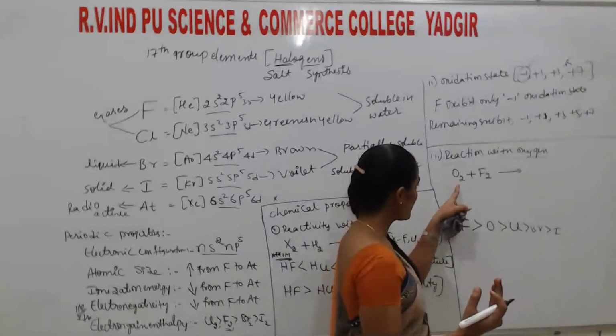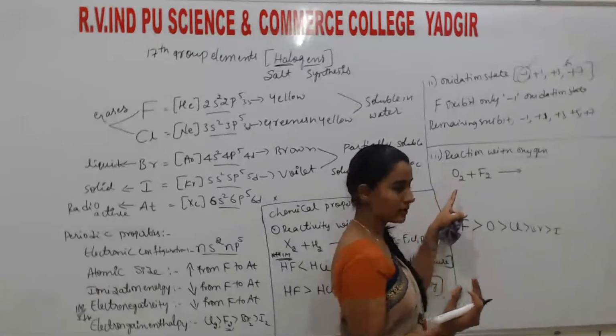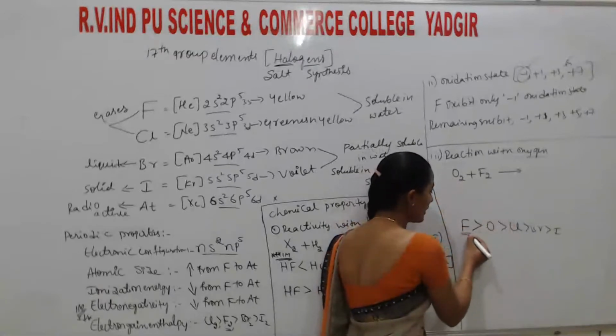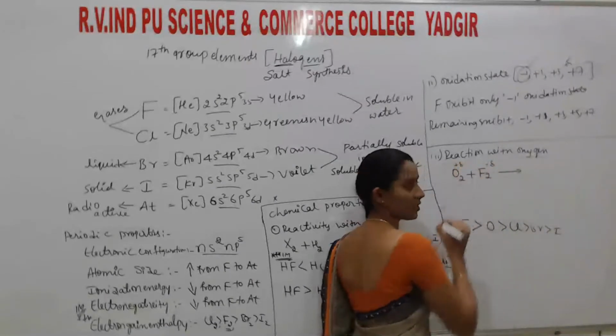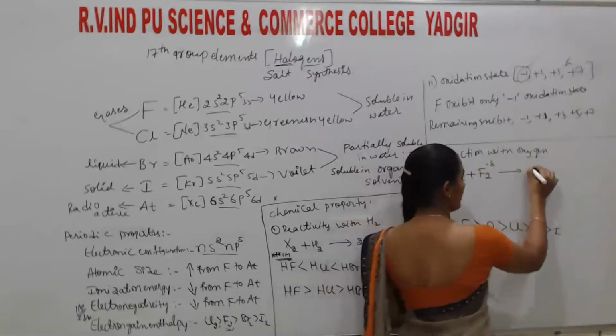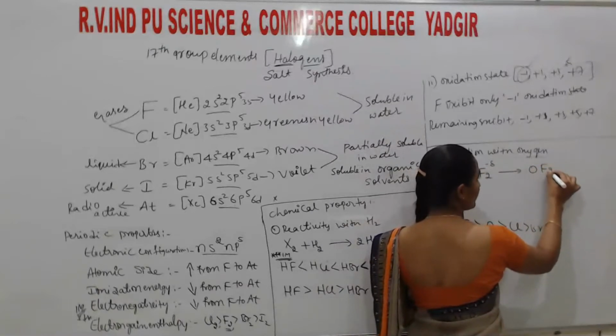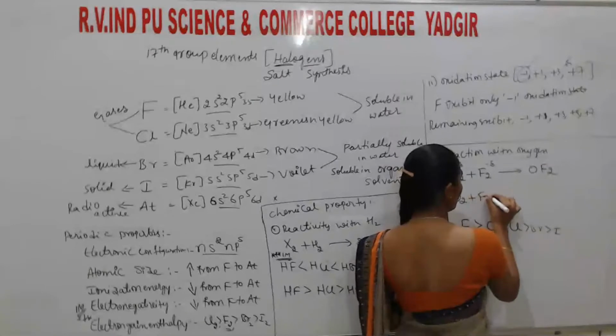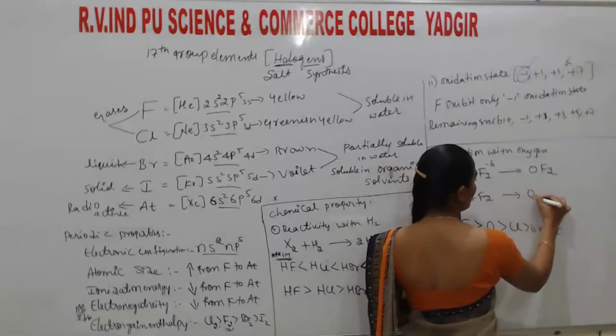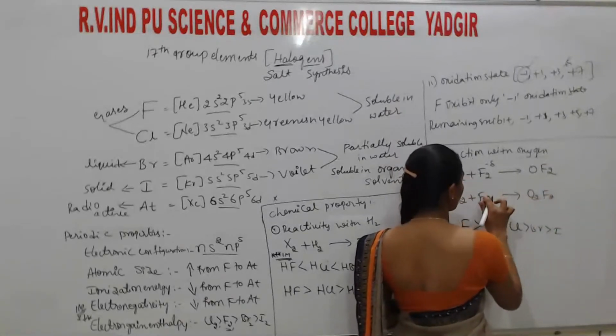Okay, so students, here it can exhibit plus 2 oxidation state, which means as fluorine is highly electronegative, fluorine will get the minus charge and oxygen will get the plus charge. That means they form compounds like OF2 and also O2 combines with F2 to form O2F2. Two types of products they will form.